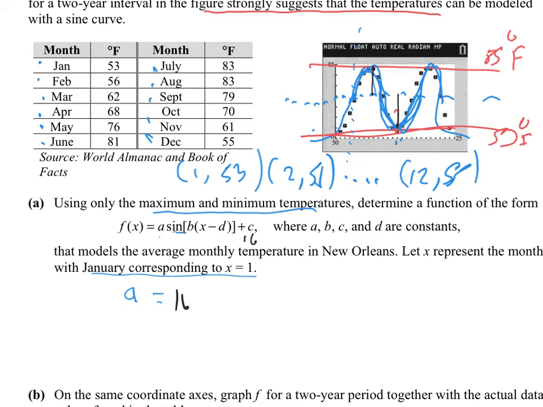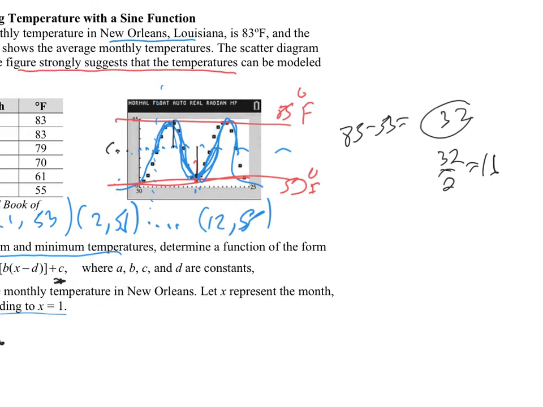Now the middle number. If this top is 85, then to get this dotted line, that is my C right here, that dotted line. So let's take that 16. If this distance is 16 right here, I'll take 85 minus the 16.